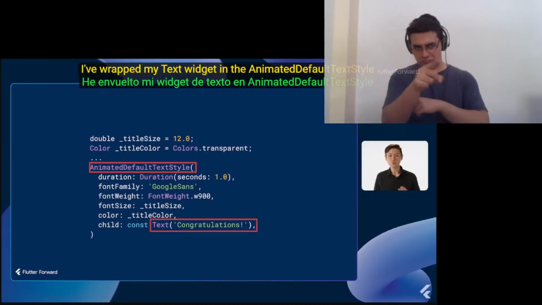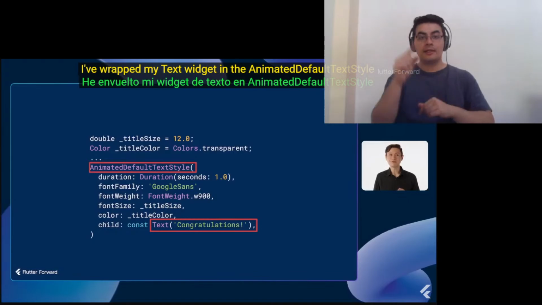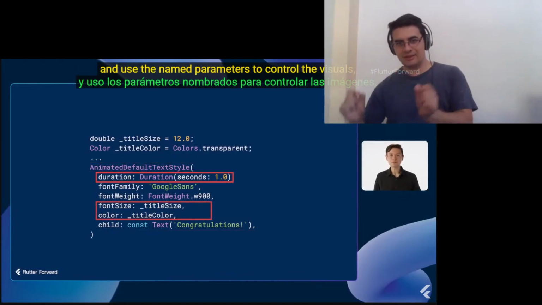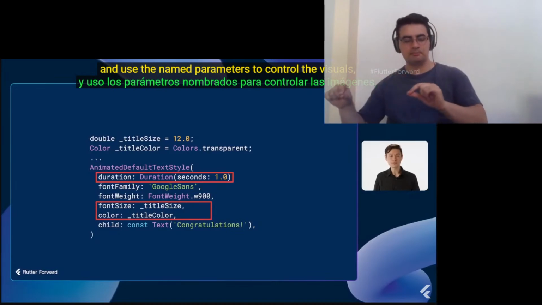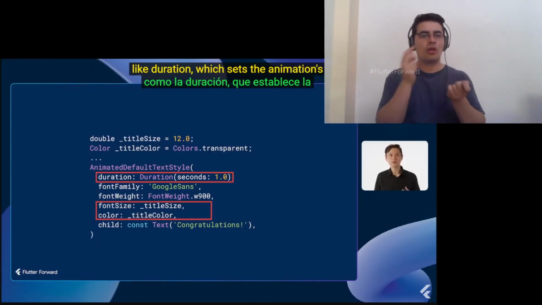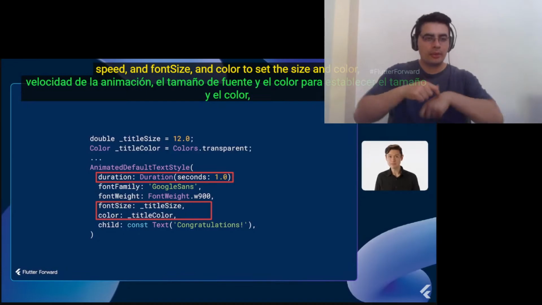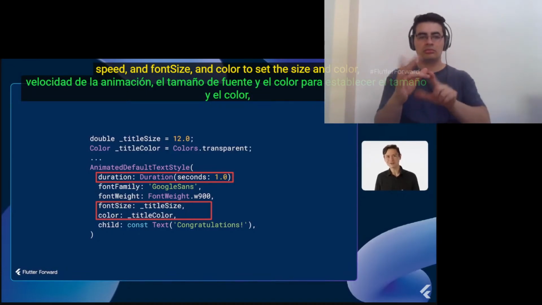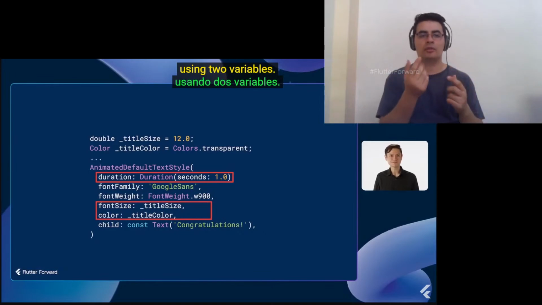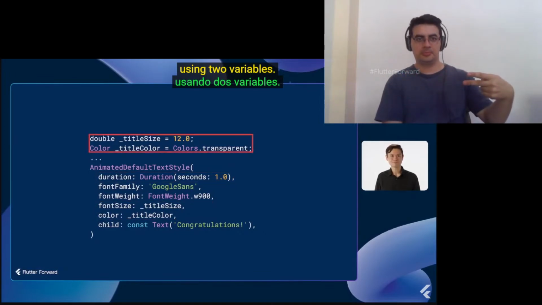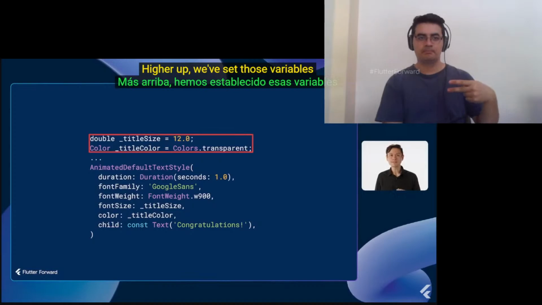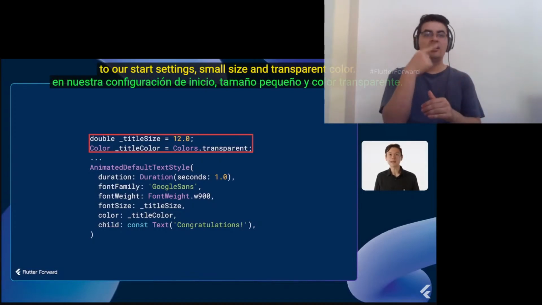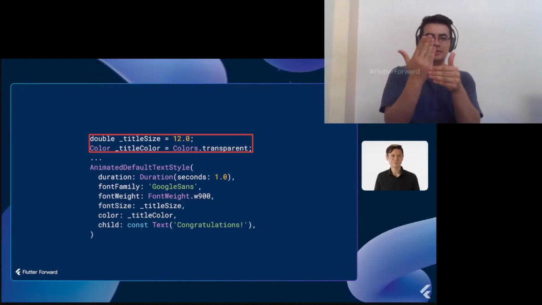I've wrapped my text widget in the Animated Default Text Style and use the named parameters to control the visuals, like duration, which sets the animation's speed, and font size and color to set the size and color using two variables. Higher up, we've set those variables to our start settings, small size and transparent color.